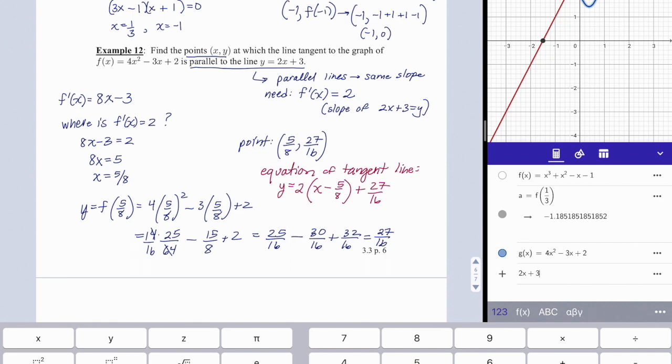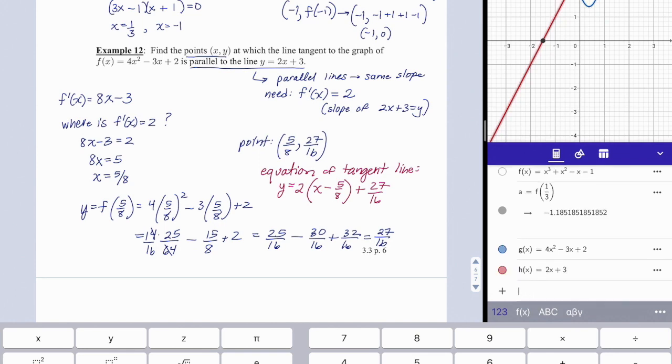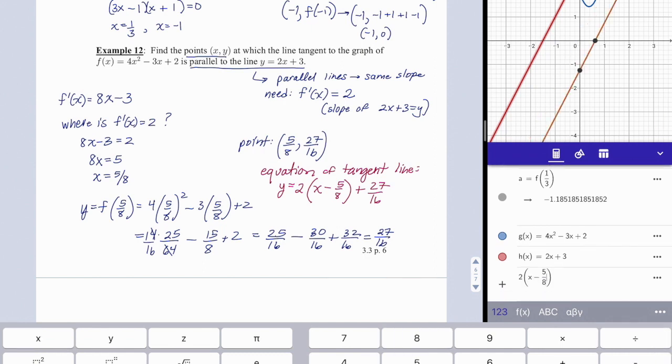They're going to be parallel, and it's just a question of, does this actually look like the tangent line? So let's do this. 2 times x minus 5/8, and then we want plus 27/16.